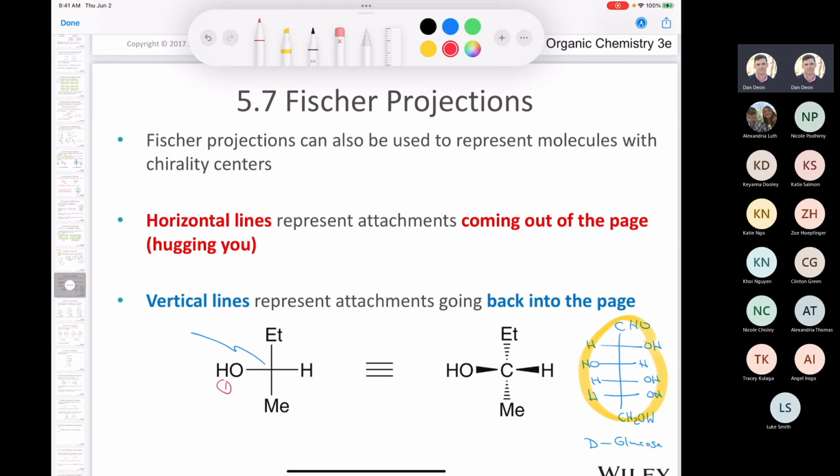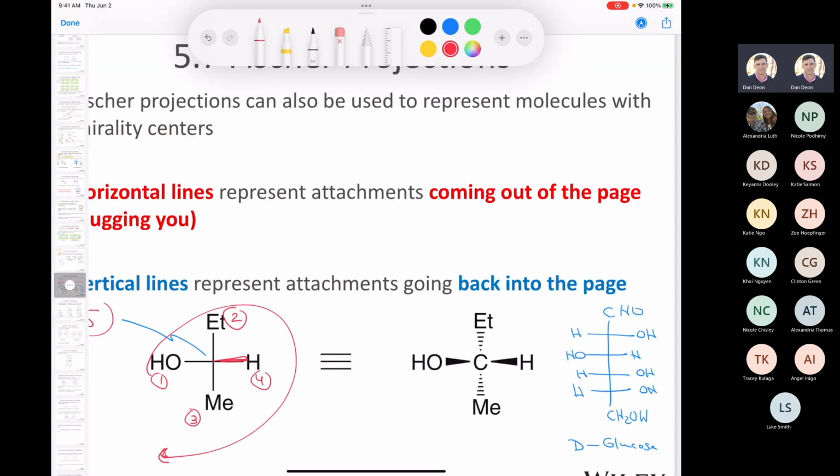Our highest priority group would be the hydroxyl, lowest would be the hydrogen, second would be the ethyl, third would be the methyl. So we go from 1 to 2 to 3, which is clockwise. But again, since our hydrogen is coming out towards us, we reverse it, and this stereocenter would be S.